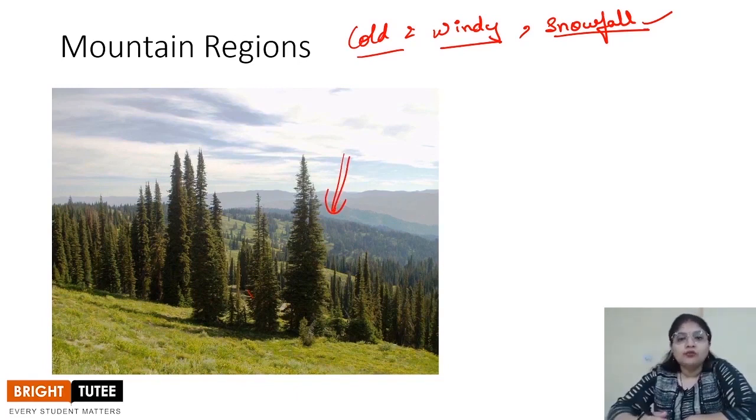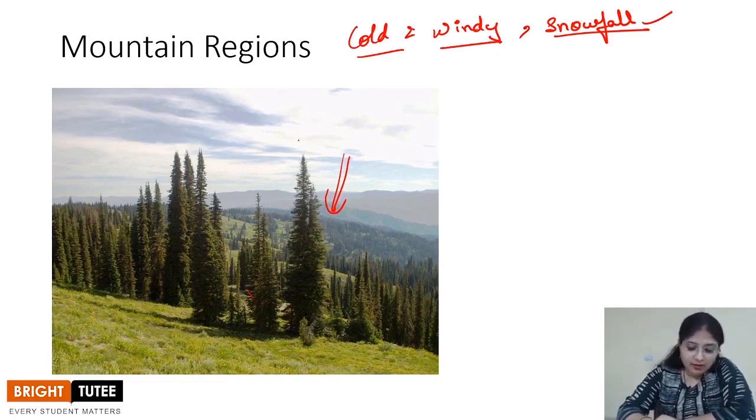I'm pretty sure all of you must have visited one or the other hill station during your summer vacations, and you must have observed plants which look something like that. Now the very first thing you observe in these plants is the shape, right? You will find the shape is a cone, right? So this cone shape actually helps these plants to safeguard themselves from this kind of environment, right?